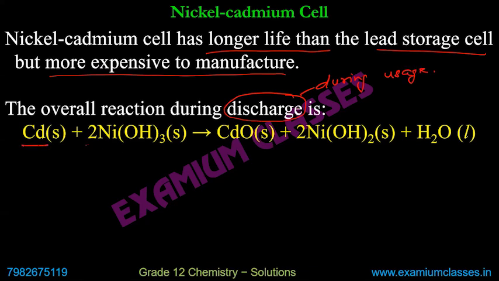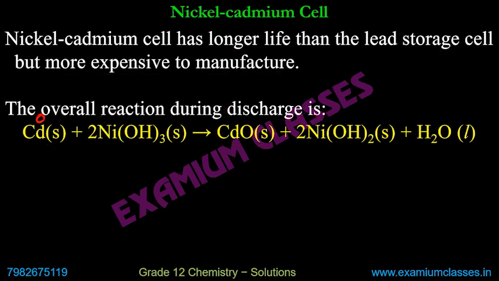Cadmium and nickel hydroxide react and produce cadmium hydroxide and nickel hydroxide, but here you see nickel is in +2 oxidation state, here nickel is in +3 oxidation state, and water. Cadmium gets oxidized, 0 oxidation state to +2 oxidation state.